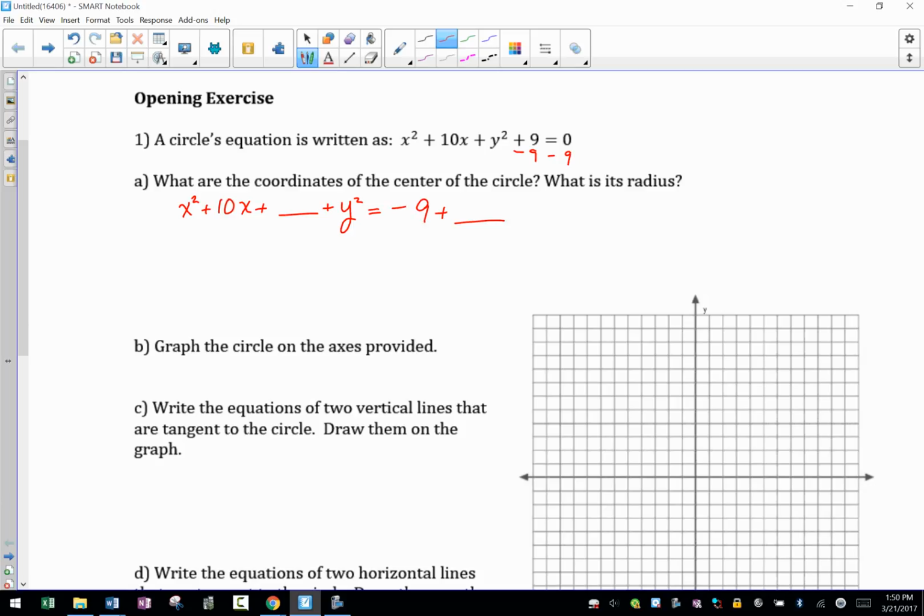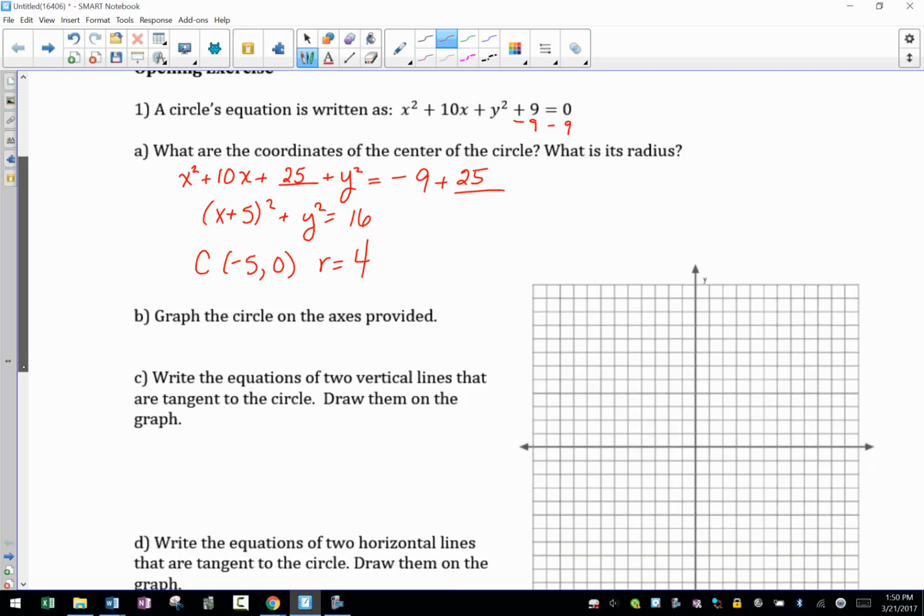So I'm going to take this equation, subtract the 9, and complete the square. So half of 10 is 5. 5 squared is 25. I add that to both sides. And so this is x plus 5 squared plus y squared equals 16. Fantastic. Now I have my center, which is negative 5, 0, and I have my radius, which is 4.